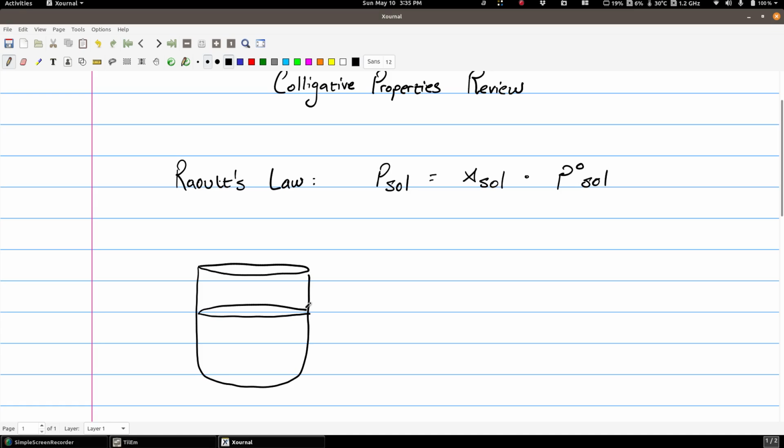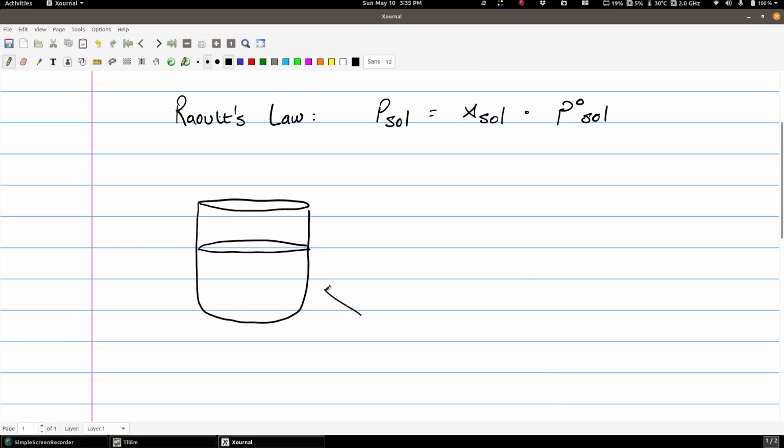So say we have some water and the temperature of said water is 20.5 degrees Celsius. At this temperature the vapor pressure is very low, it's 18.1 millimeters of mercury.